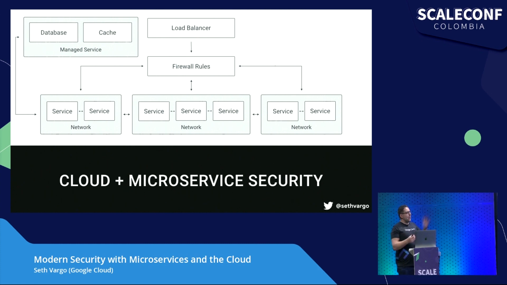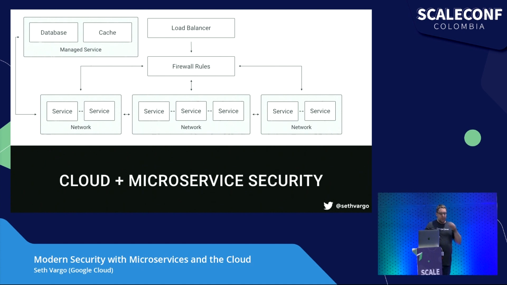You can't rely on the network or your VPC or your communication layer to be the ultimate security, because the moment someone penetrates that perimeter, they have all of the access. So services need to be authenticated, and they need to communicate with each other using things like mutual TLS or service-to-service authentication. But the things I want to talk about specifically are things like time-based credentials and revocable credentials.